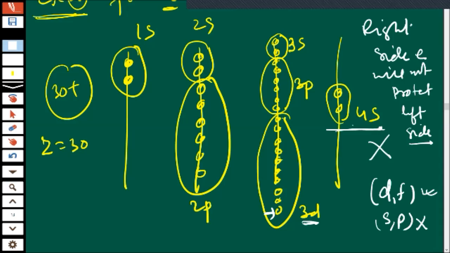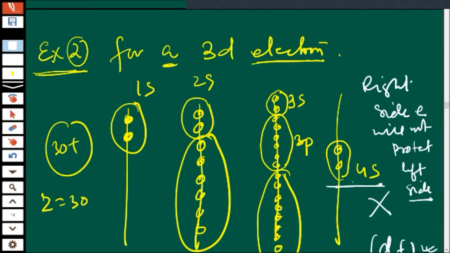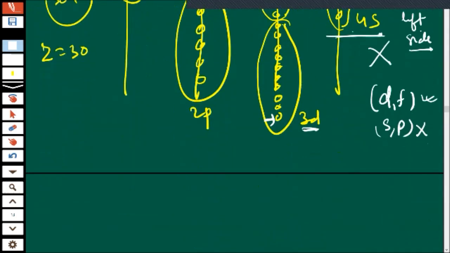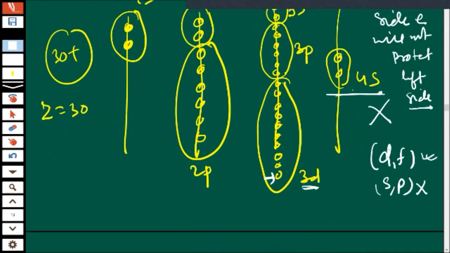In DF, what are they telling? See, in DF, in this 3d group, each one will contribute 0.35.